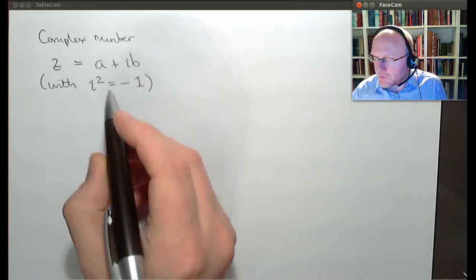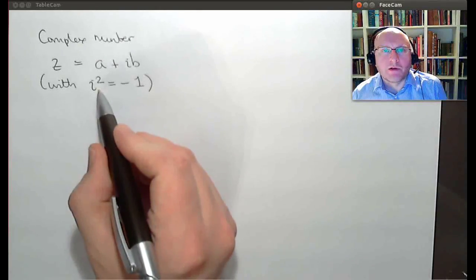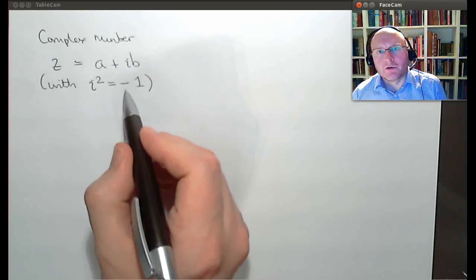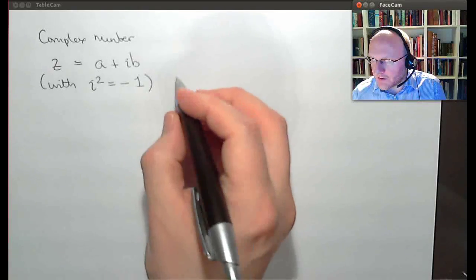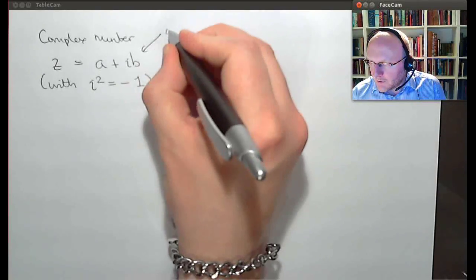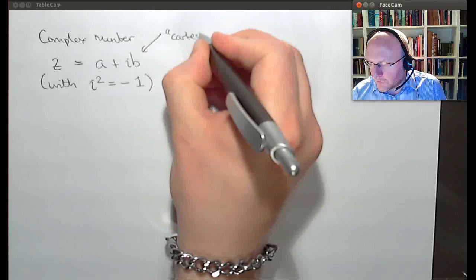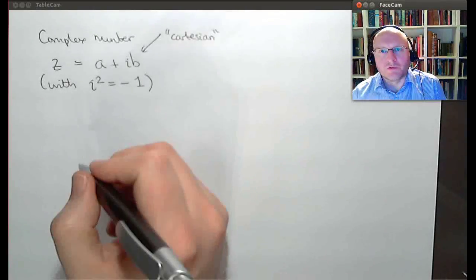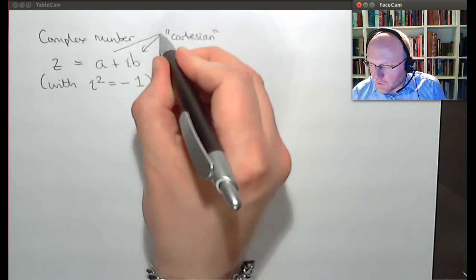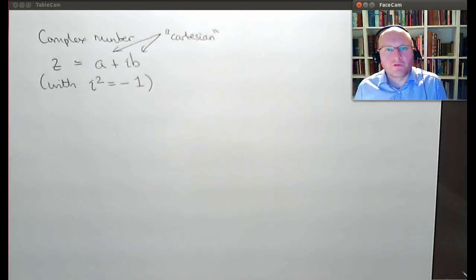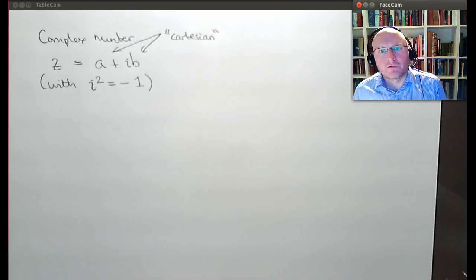So any place in which we see i squared, we can replace it by the real quantity -1. Okay, so that's one way in which we can write down complex numbers, and that way is often called the Cartesian representation of a complex number. That's as these two distinct parts called the real and imaginary parts, a and b.